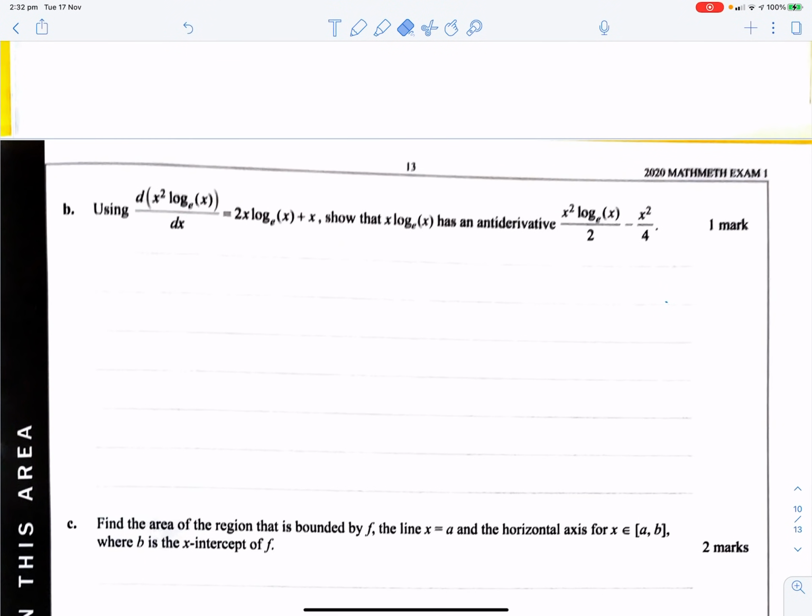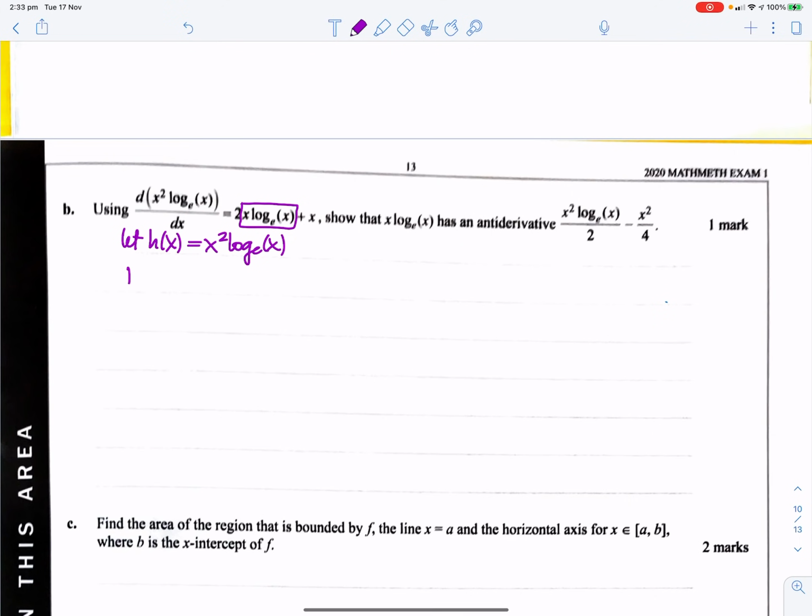Using the derivative of that is equal to that, show that x log e x has an antiderivative of that. Okay, so you can see here that's my bit that I'm looking for. Let h of x equal x squared log e of x.